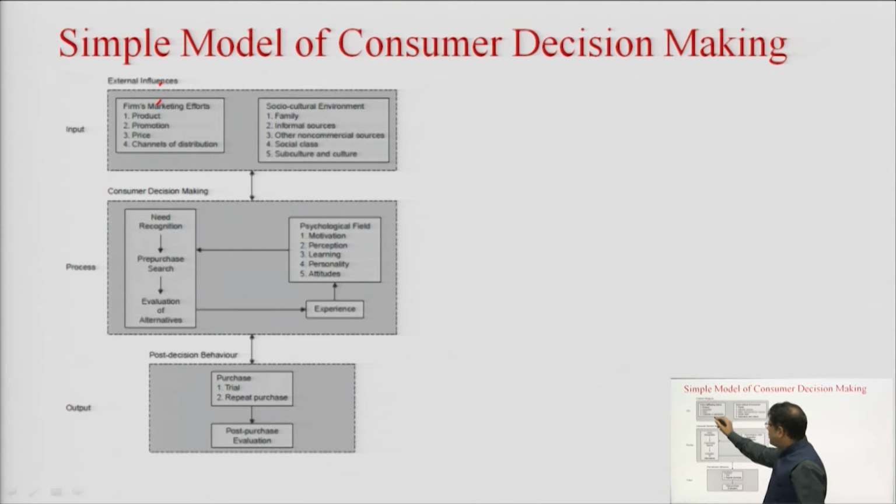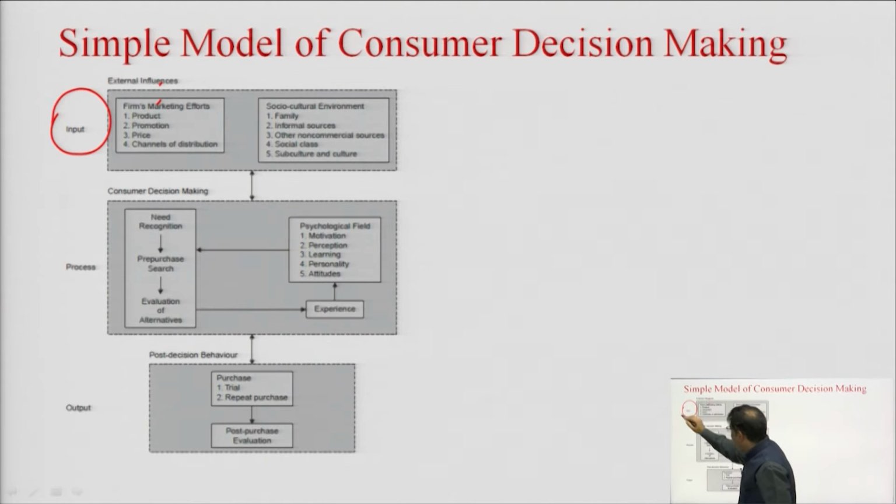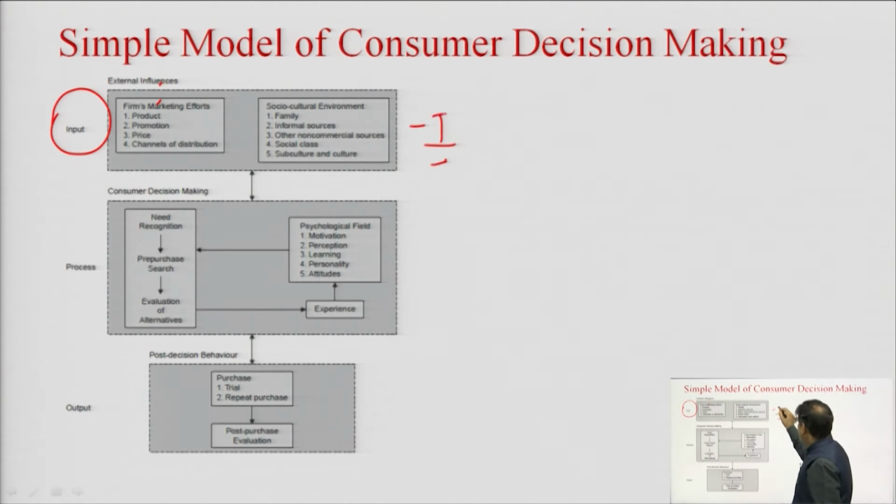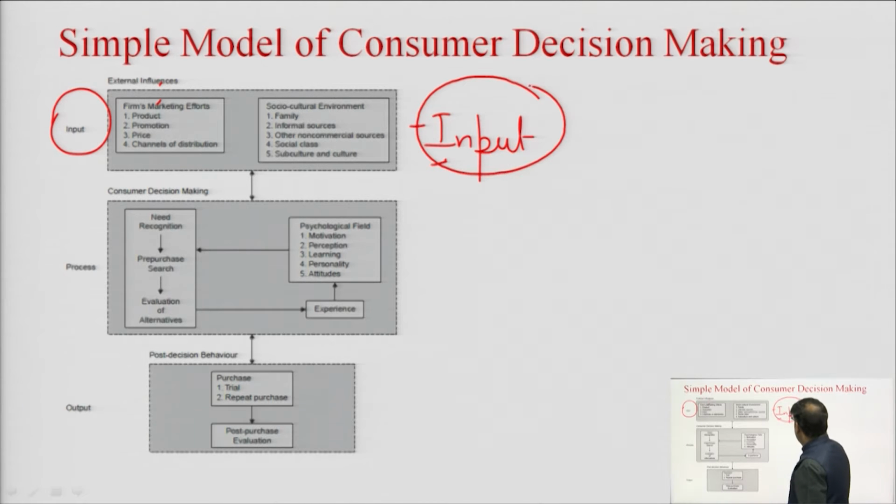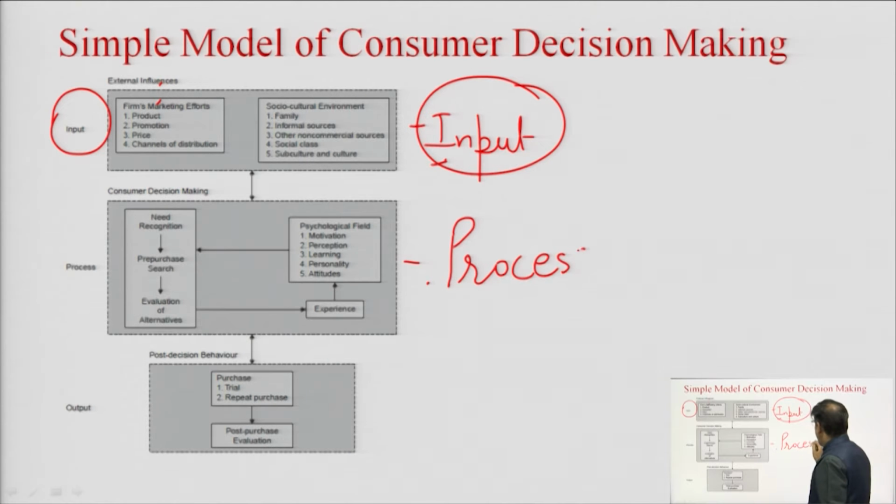So, this block is called the input, because this is the block where the customer receives the input for purchase. This block is called the process block, because the various decision making steps that the consumer takes in order to purchase the product are performed here.